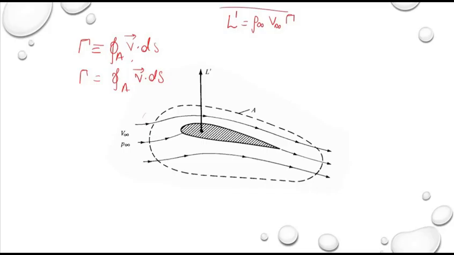As I had told you, this indicates a theorem, known as the Kutta-Joukowski theorem. Let us say this is our equation 1. What does this theorem state? It states that lift per unit span on a two-dimensional body is directly proportional to circulation around the body.